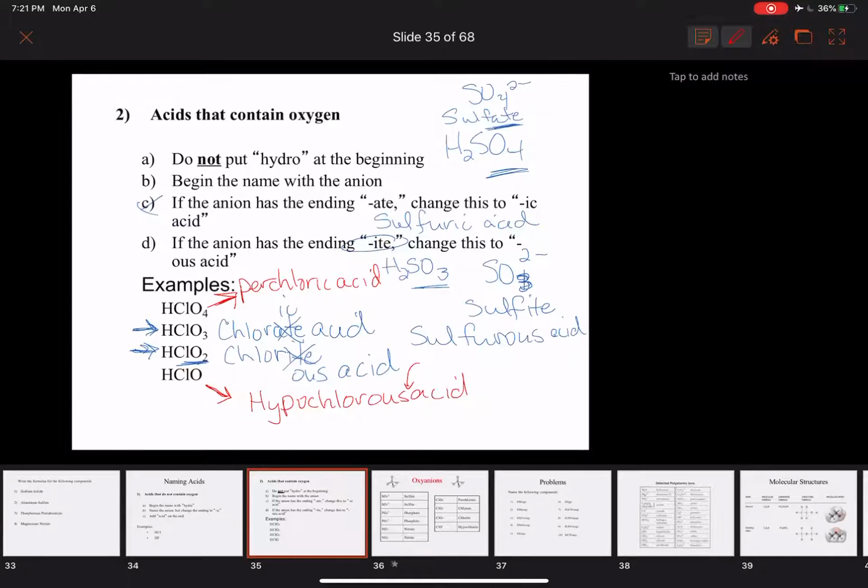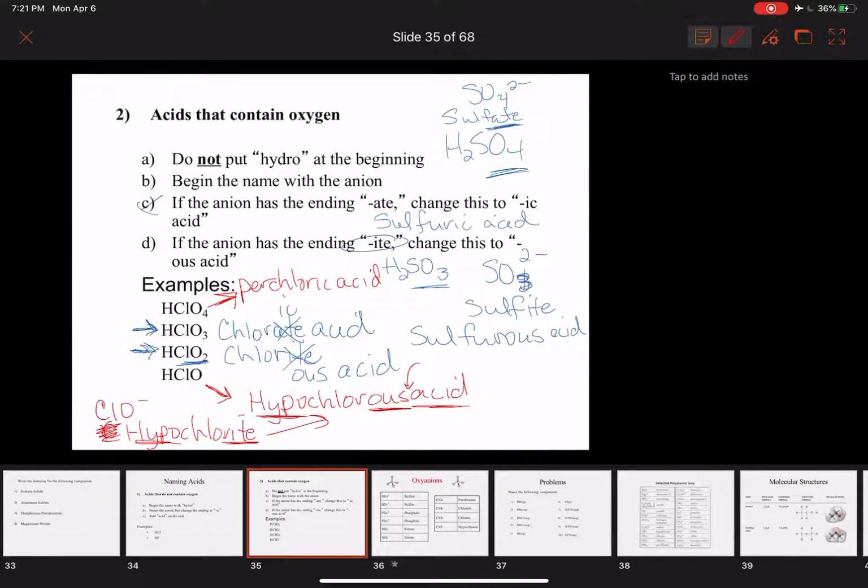So we go from hypochlorite to hypochlorous acid because we have the ite ending here, and we just take the prefix along with us. So that's how we name that set.